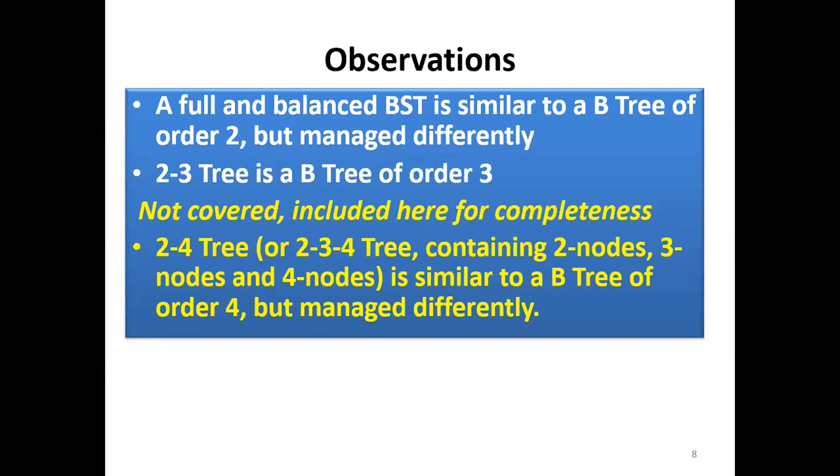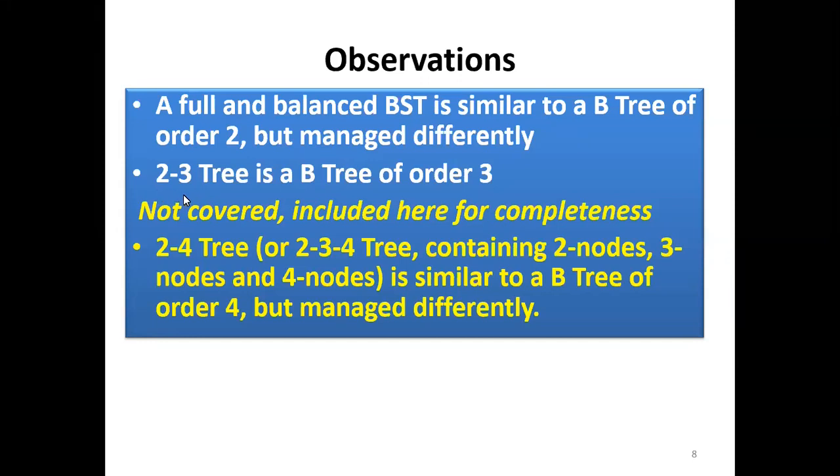Also recall that in this case, the balanced binary search tree has 2 children nodes. So when we have an order 2 tree, you realize that you're going to have 2 children nodes.